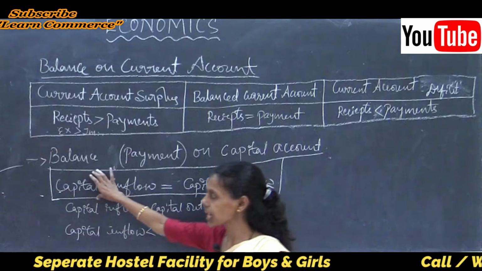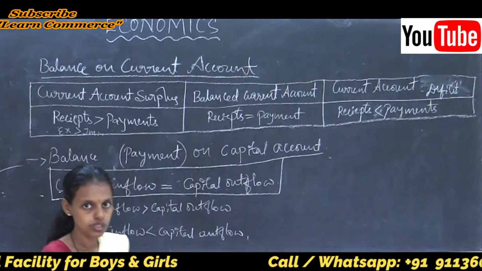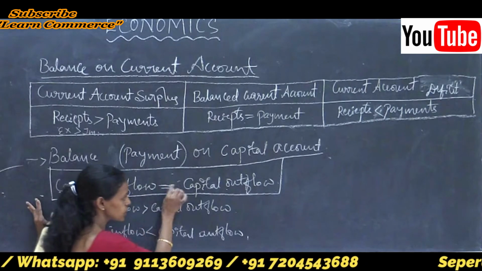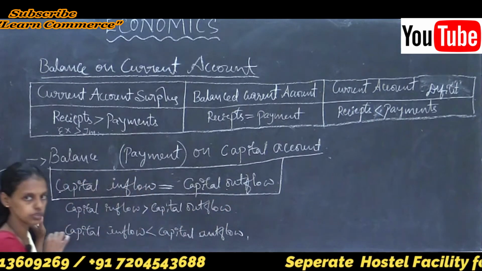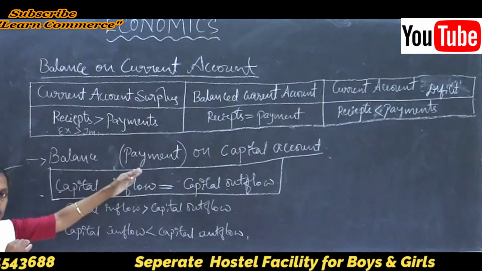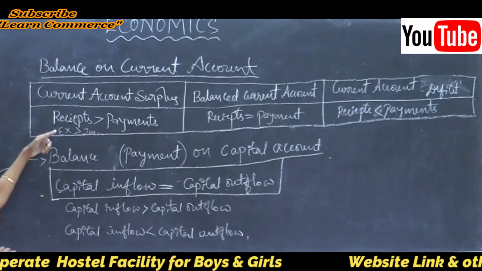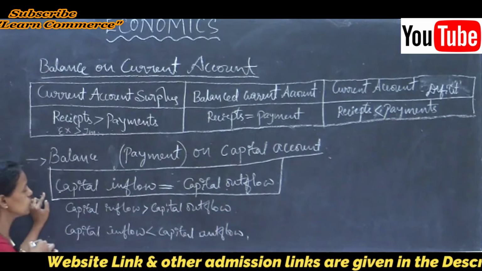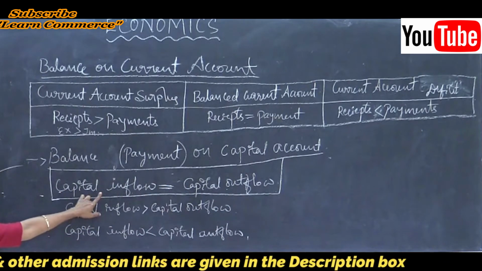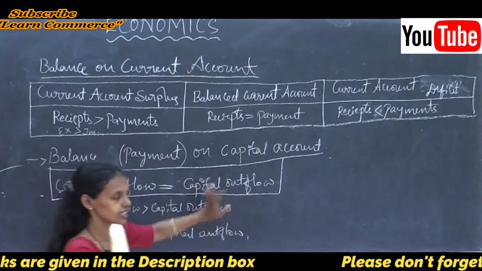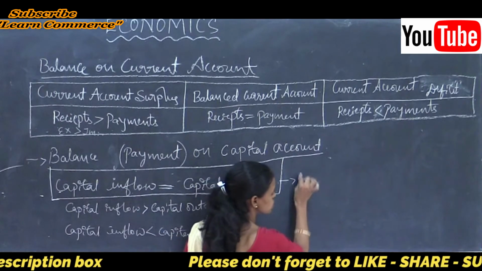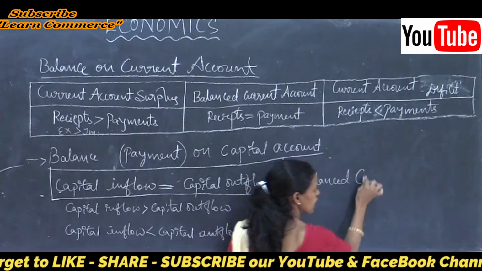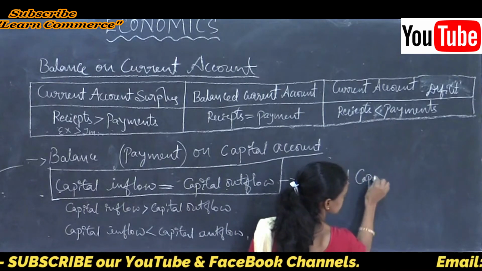Thus, if the capital inflow is equal to the capital outflow, just like when the export equals the import, as I said in the current account, then it is said to be the balanced capital account.